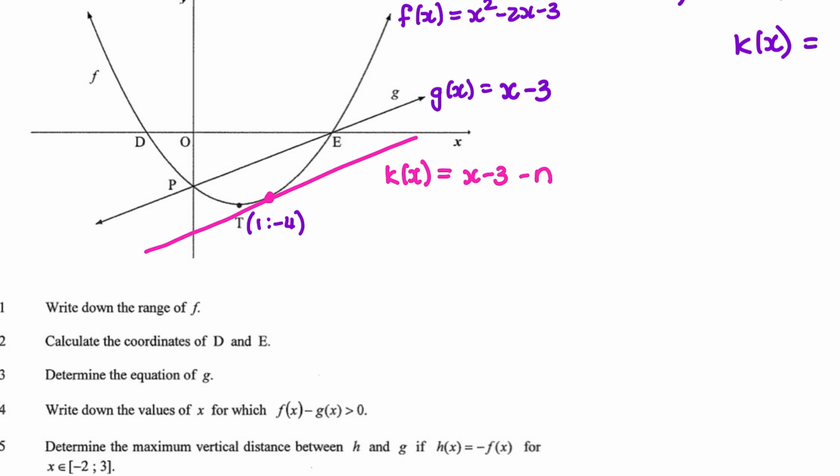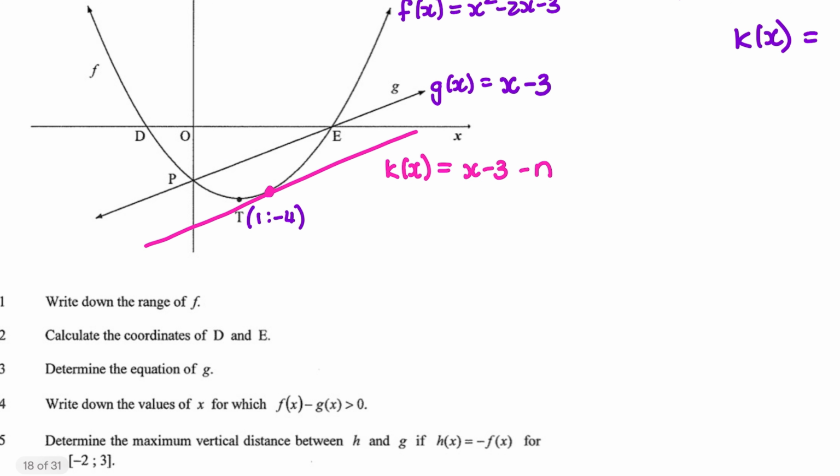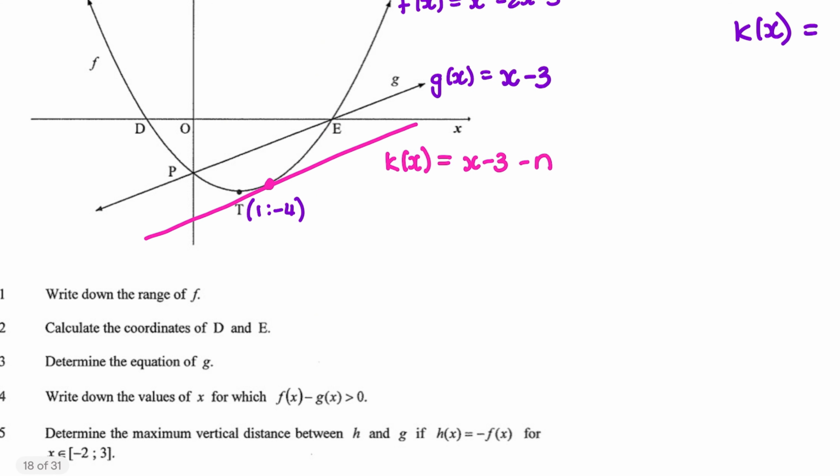And what I can try and do is use the gradient that is equal to 1 to find this point of intersection. So when I have found this point of intersection, it will allow me to have a y value and an x value on the line of k, which will allow me to solve for n.